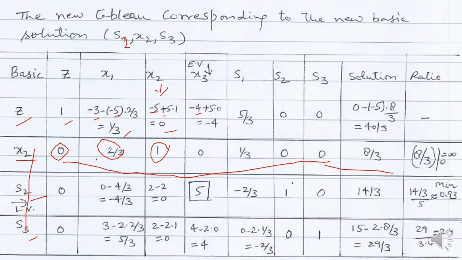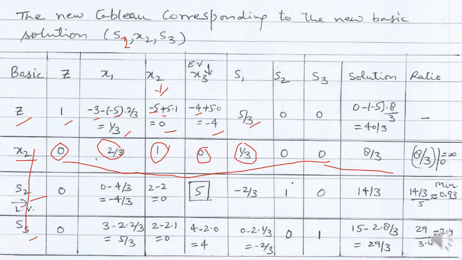Then -4 was the element in the previous table, -5 into 0 gives us -4. Then the coefficient of S1 was 0, so 0 minus -5 into 1 by 3 becomes plus 5 by 3.